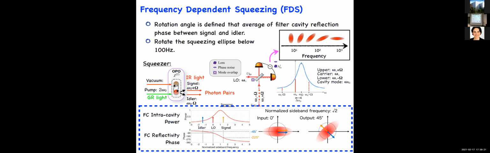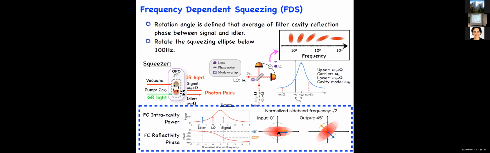But when the filter cavity is operating in the detuned condition like this, the symmetrical sidebands will experience a different phase change depending on the filter cavity dispersion. So you can see like this, if you look at the signal, you can see here.